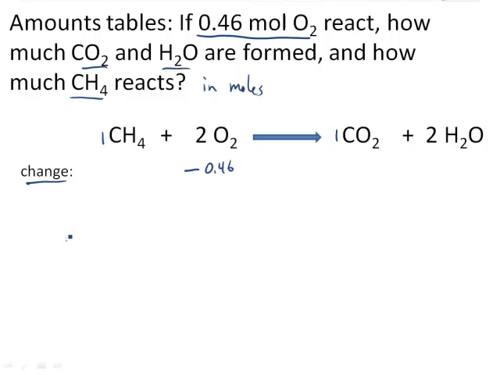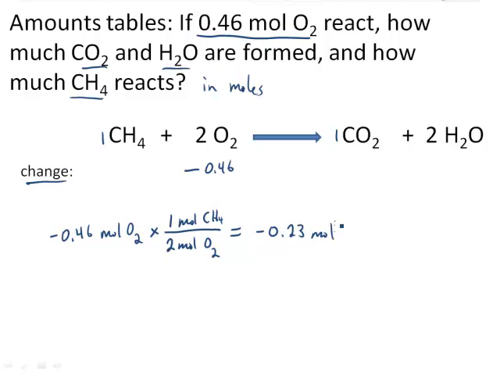Okay, so let's look at CH4. What you can do is you can say 0.46 moles of O2, minus 0.46 moles of O2. That's a change of that. And you can make your relationship between O2 and CH4 by saying 1 mole of CH4 is involved for every 2 moles of O2. So therefore, you have minus 0.23 moles of CH4.